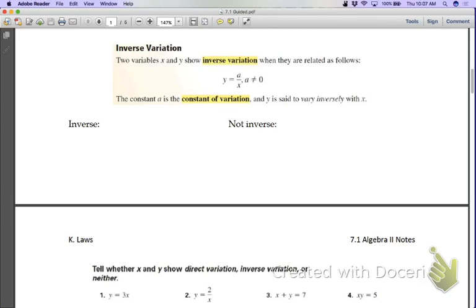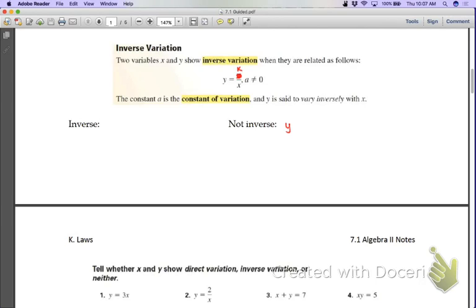Inverse variation, very similar, but instead, now I don't use A, I'm going to use K for everything. So instead of the A, make it a K. Instead of multiplying by K with X, I'm taking K and dividing X. Understand that this is different.